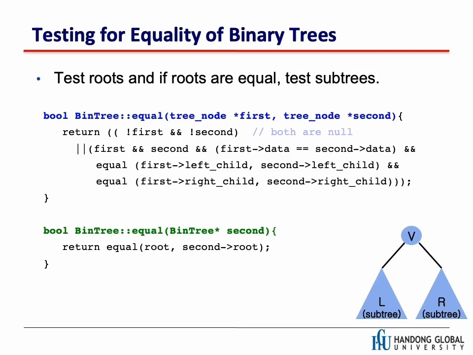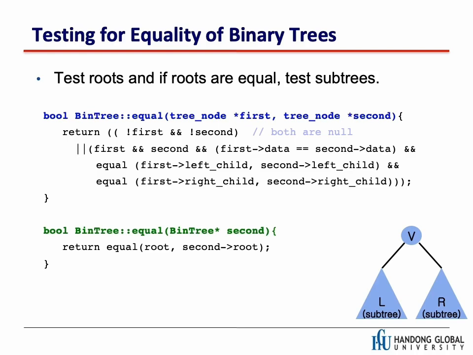First, we compare two root nodes, and if they are equivalent, we check the left subtree first and then the right subtree. As we have seen in the copying operations, we have two implementations of the equal function. The first one is about checking two subtrees, and the second one, the green one, gets a binary tree pointer.